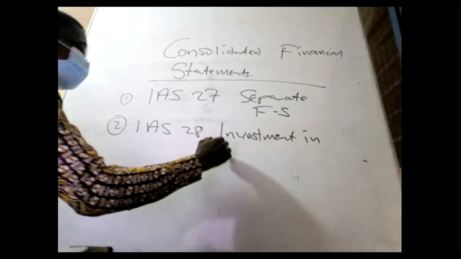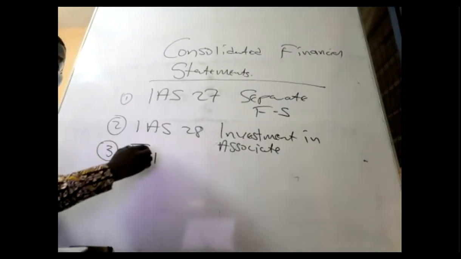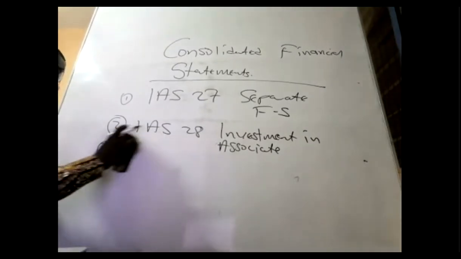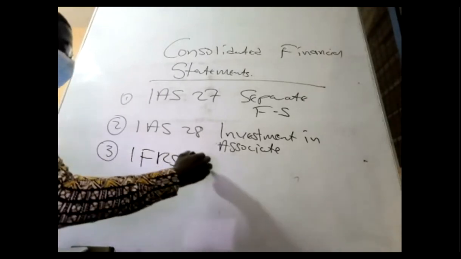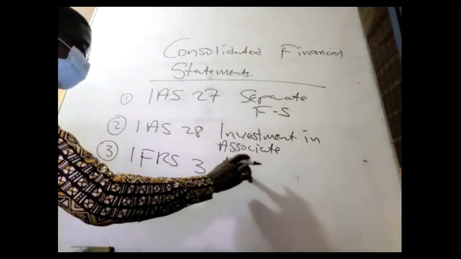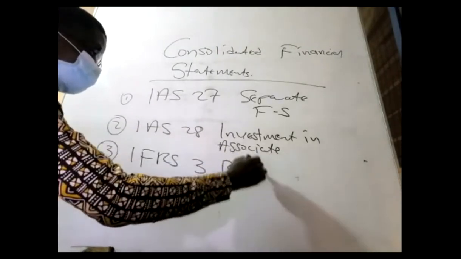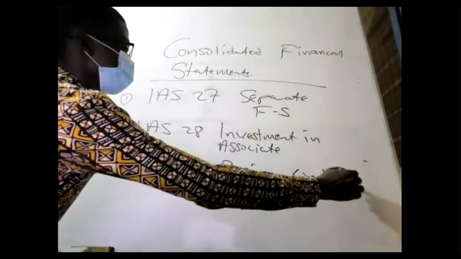Number 3, apart from IAS, is IFRS 3, business combination.